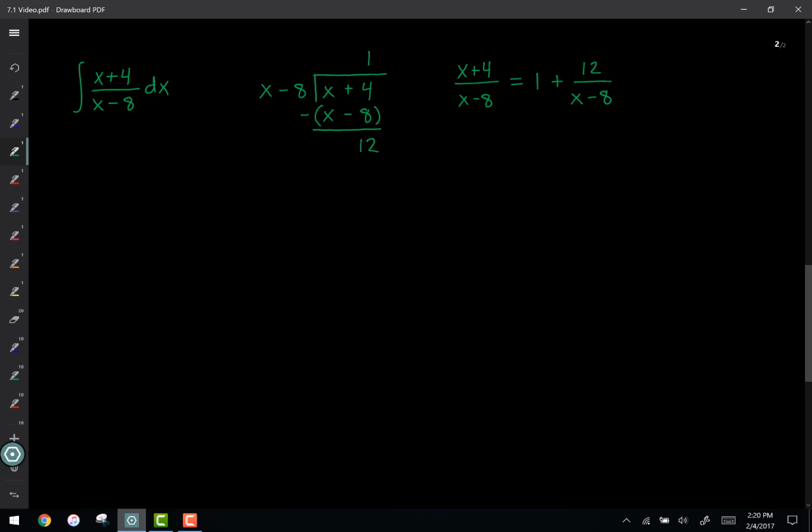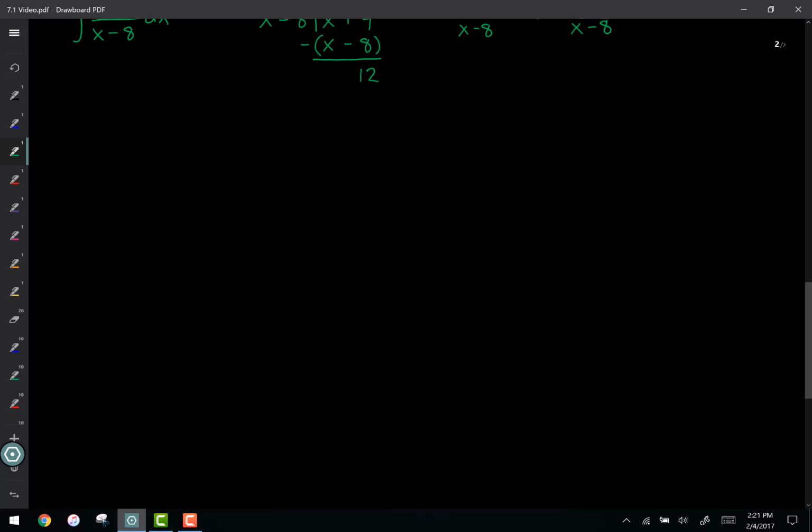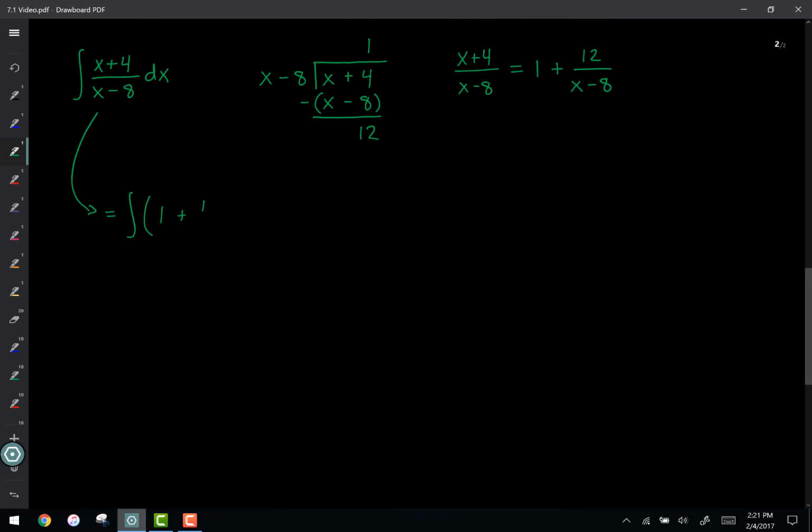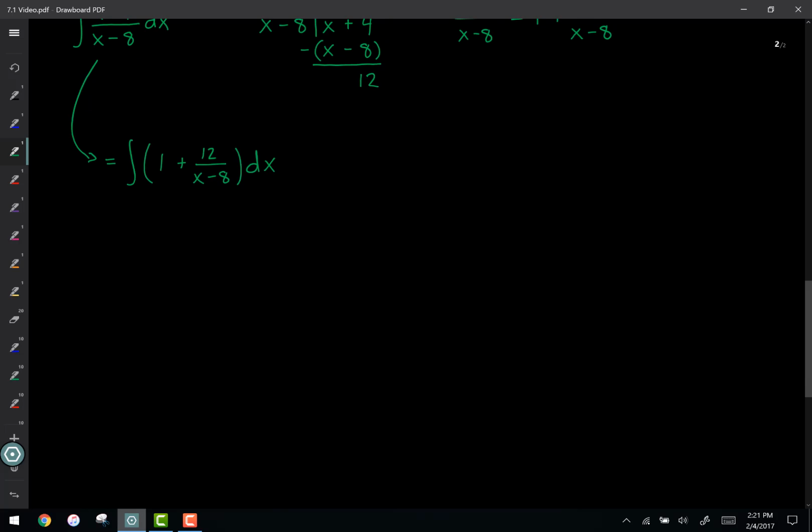So that tells us that my integral is going to be equal to the integral of 1 plus 12 over x minus 8 dx. Now we're good to go. The antiderivative of a constant is just slap the x on, plus this is going to be another natural log.